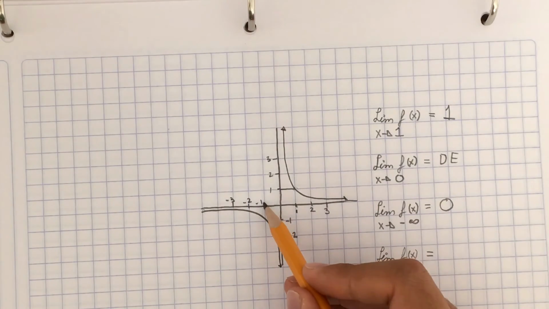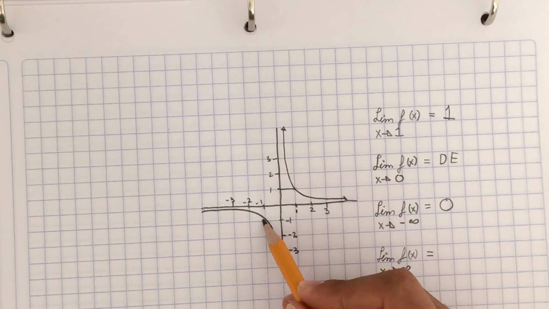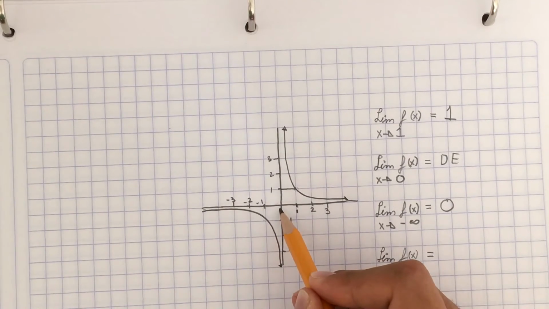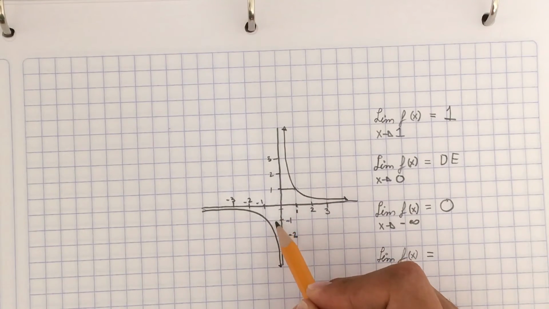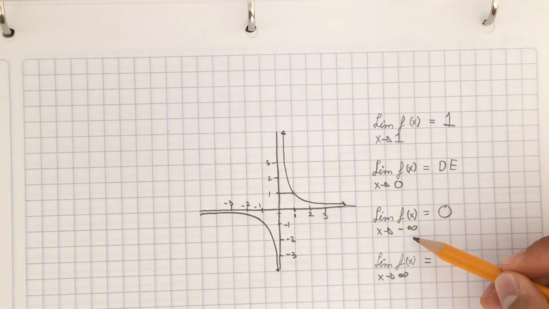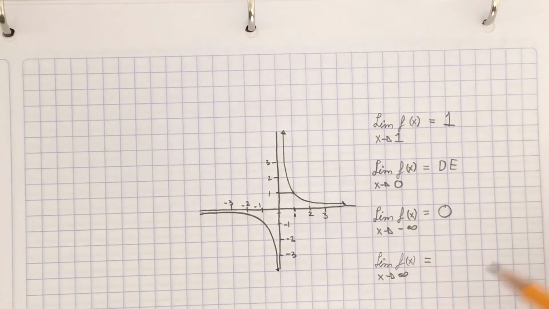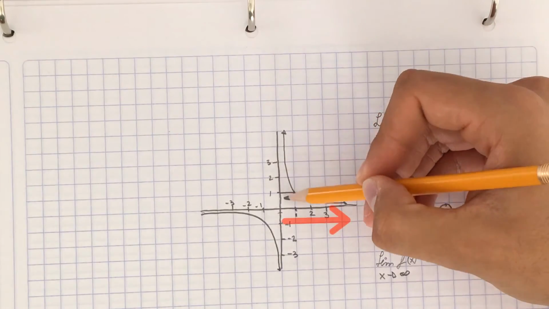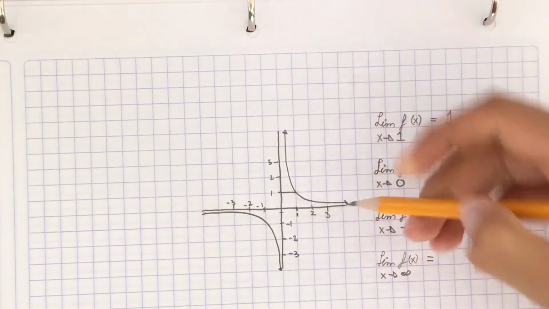Because when we have x = -1, we have y = -1. When we have -2, y is, let's say, almost 0.2. So as we can see, the y values are getting closer to 0. And the same thing happens when x approaches positive infinity, the y value is getting closer to 0.